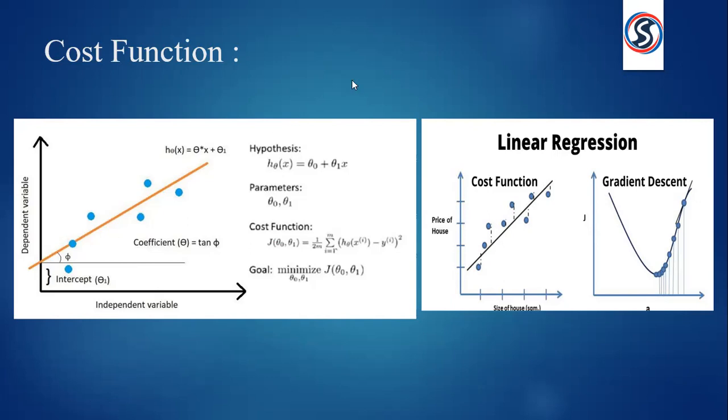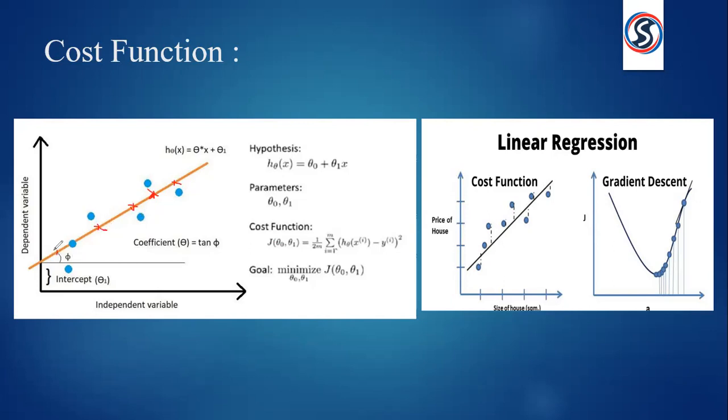If I mark it here, this is my predicted point for this one, this is my predicted point for this point, and this is my predicted point for this one.